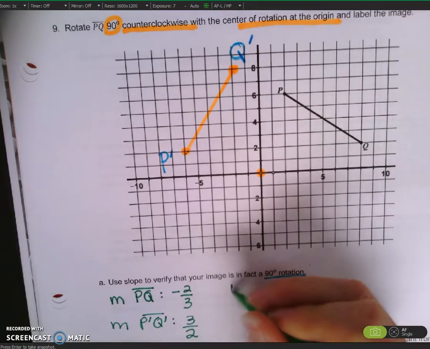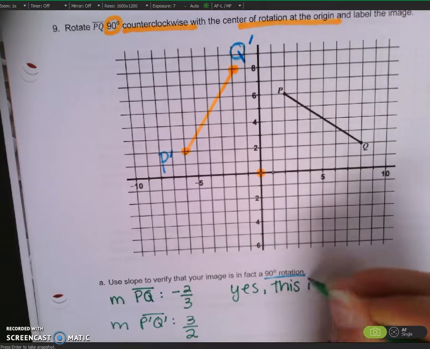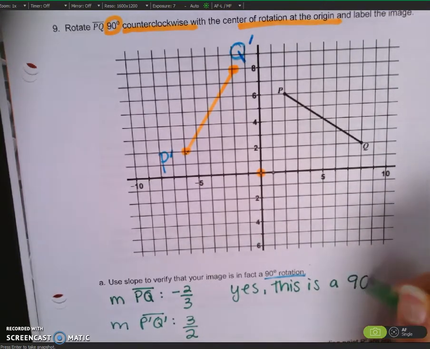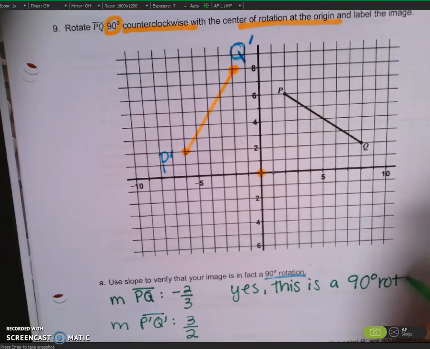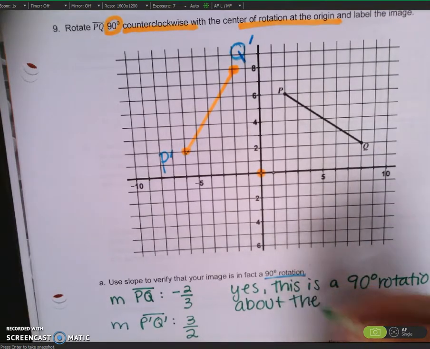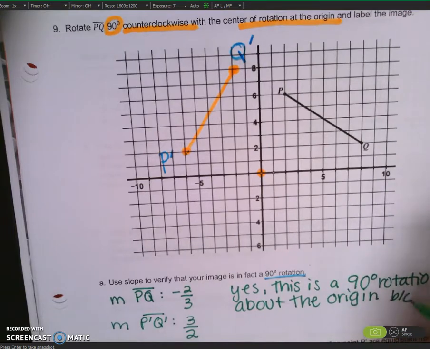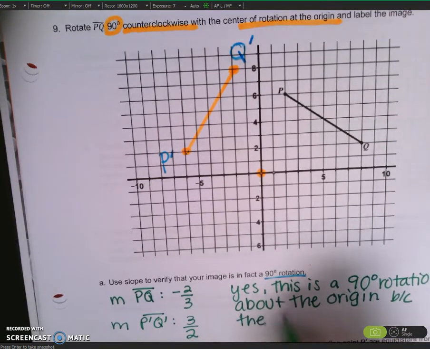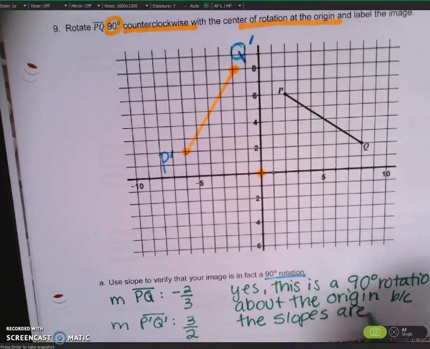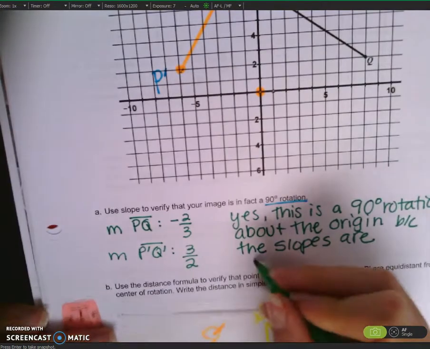So we can say yes, this is a 90-degree rotation about the origin. That's important. We have to say it's about the origin because the slopes are opposite reciprocals.